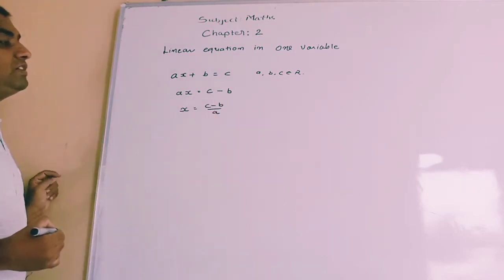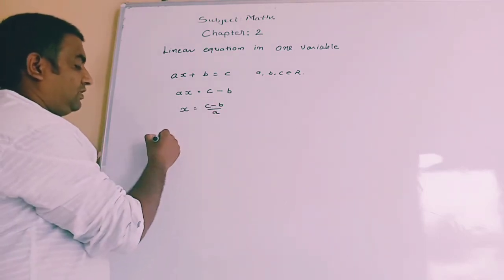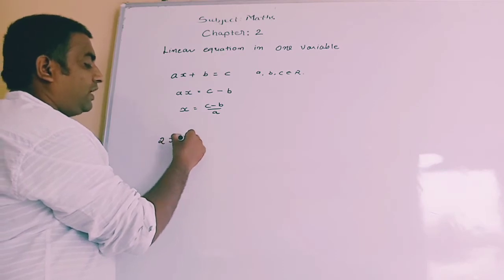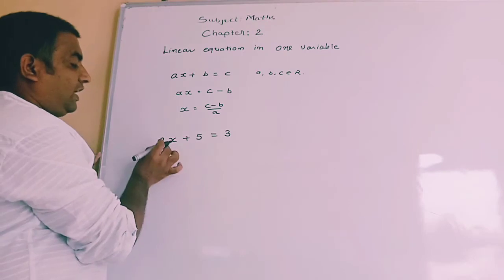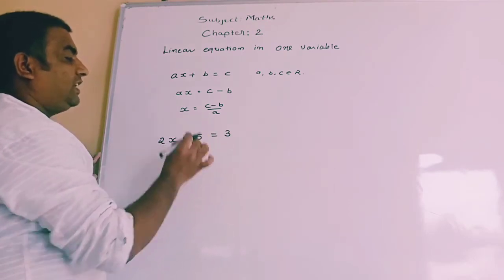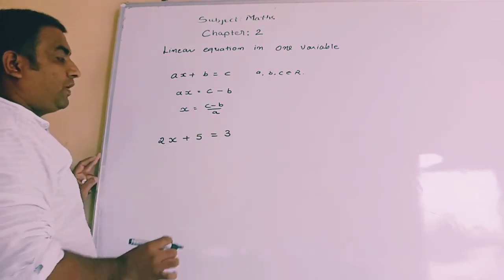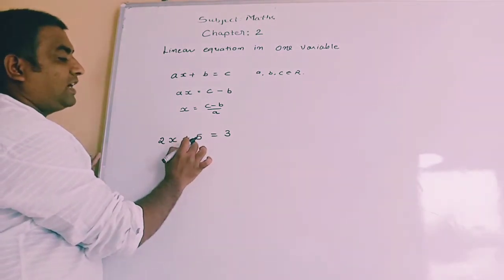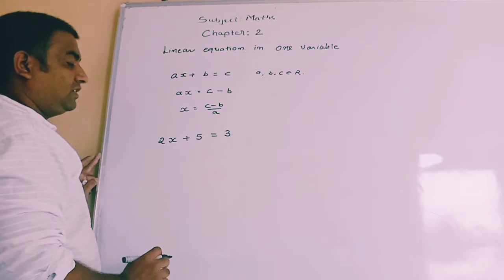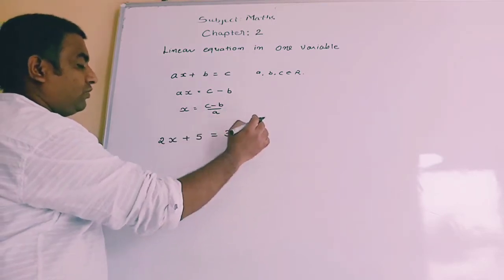Let's see one equation. 2x plus 5 is equals to 3. So here a is 2, b is 5 and c is 3. So first, the number without variable is 5. 5 will be transferred from left hand side to right hand side. So plus will convert into minus.